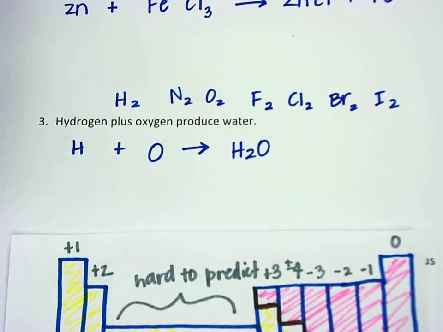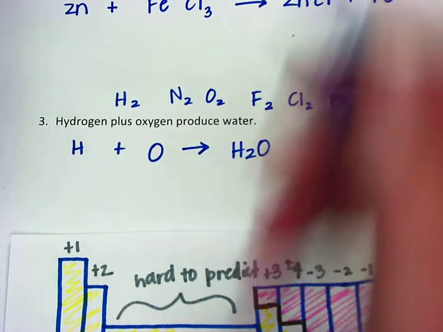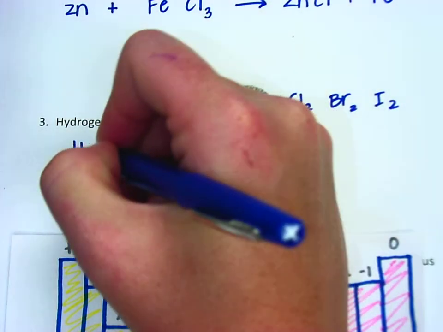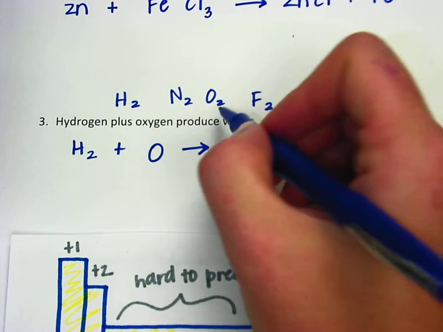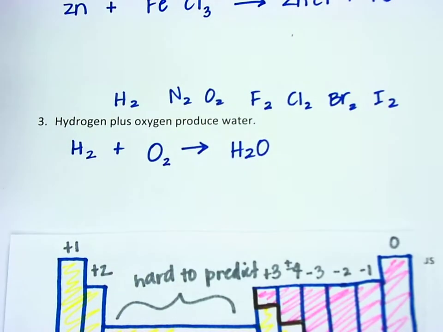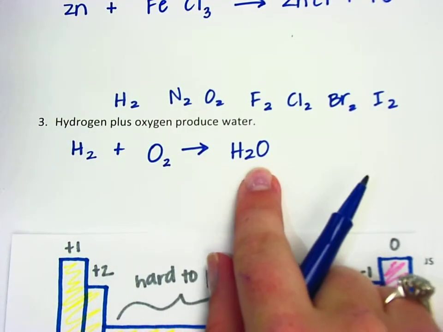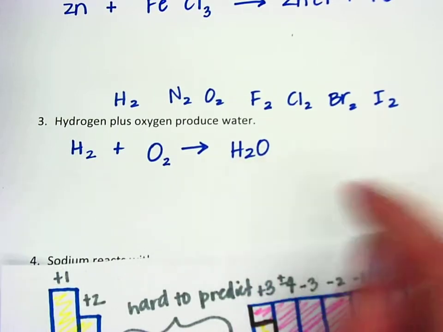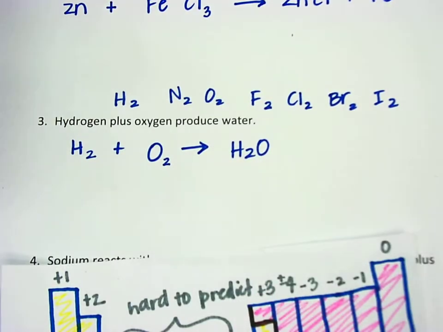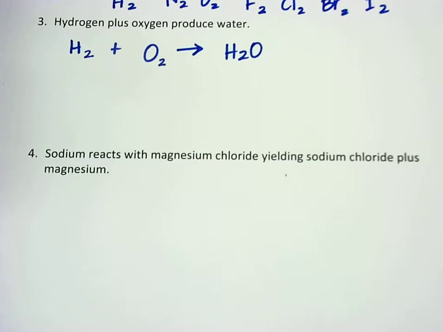Those 7 will never appear by themselves. So, since hydrogen is diatomic, it will get a little 2, and oxygen will get a little 2. It does not mean that those need to have 2's next to them after they have bonded, only if they're by themselves.